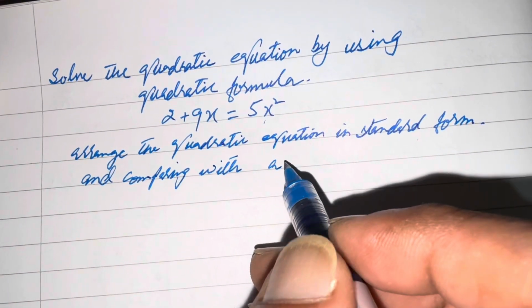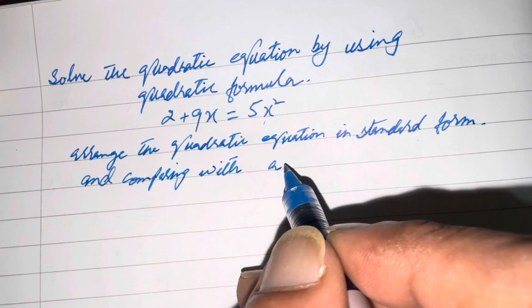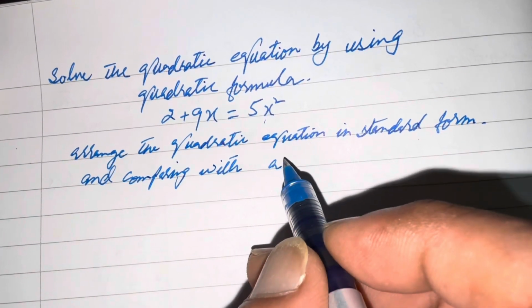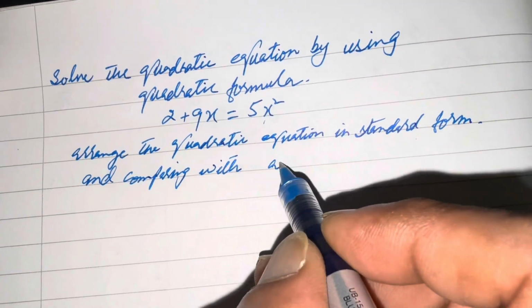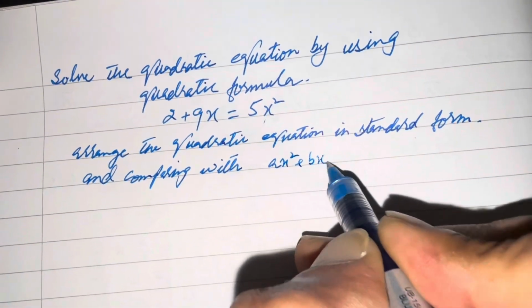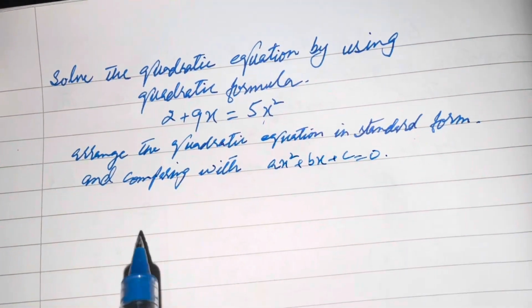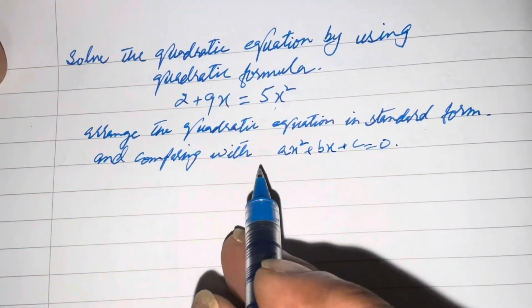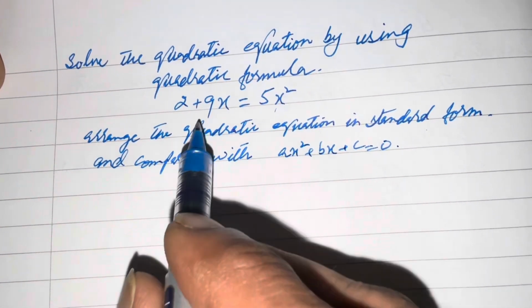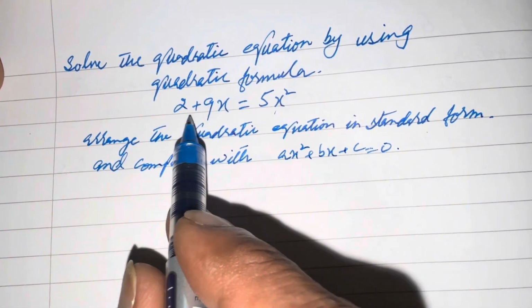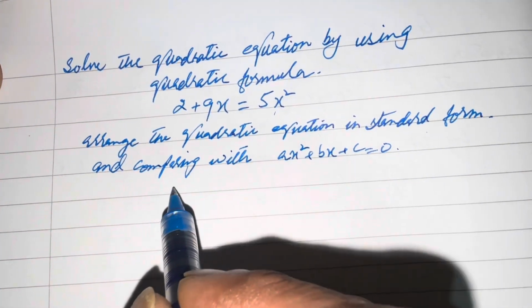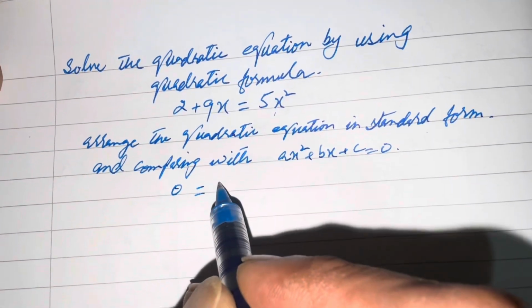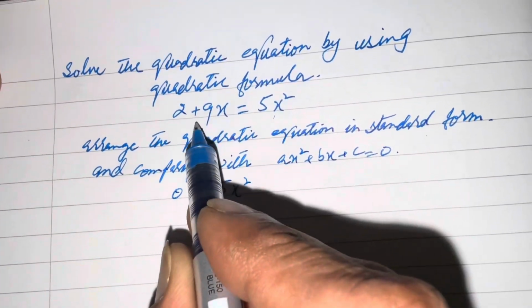The standard form of the quadratic equation is ax squared plus bx plus c is equal to 0. So first we take all these terms from the left hand side to the right hand side, so it can be written as 0 is equal to 5x squared plus 9.